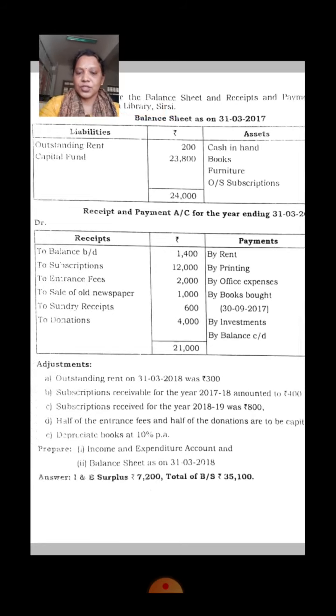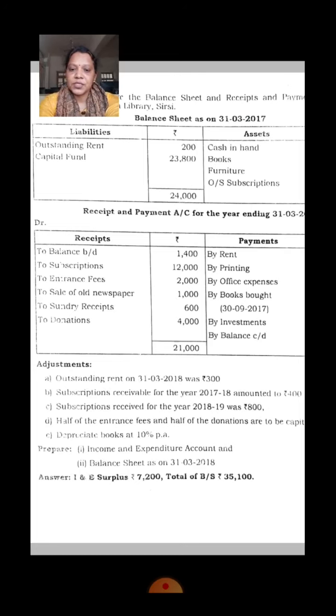Now what are the adjustments given? See, adjustment 1, outstanding rent this year. Once again, outstanding rent on 31/3/2018 was rupees 300. So for current year outstanding, what will we do? Add. Current year, add. Remember what I am telling.